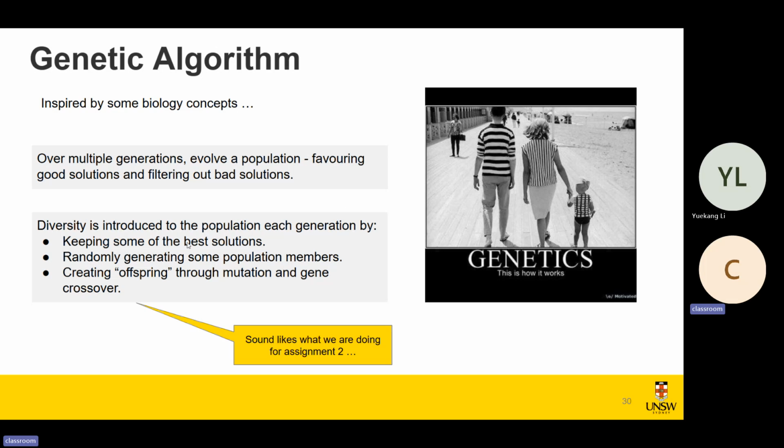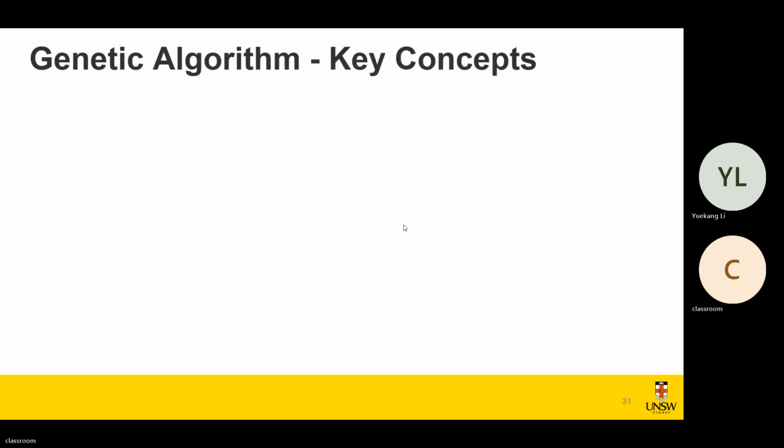The idea of keeping the best solutions is that the best targets have some characteristics that we want to keep in the population. The generation of the offspring is to get the population closer to what we want and to also introduce diversity. So this is the basic idea.